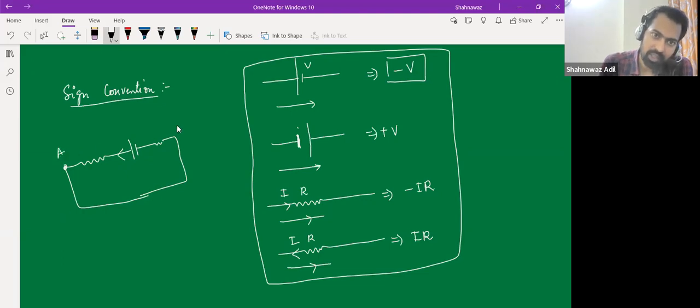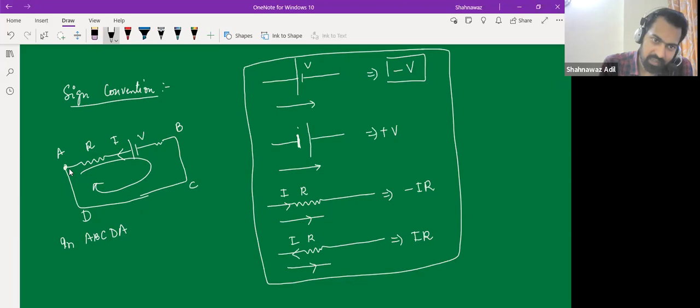This is A, this is B, this is C, this is D. If I am choosing the loop A, B, C, D, A, so I am going in this direction. I have taken the loop in this direction. Is that clear?